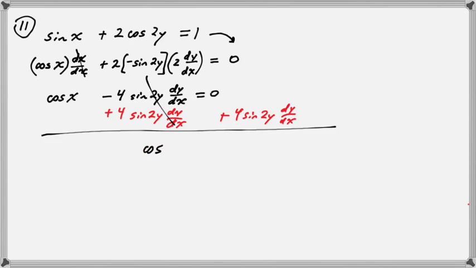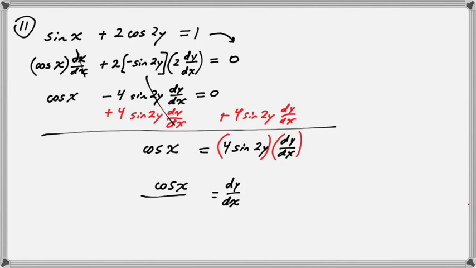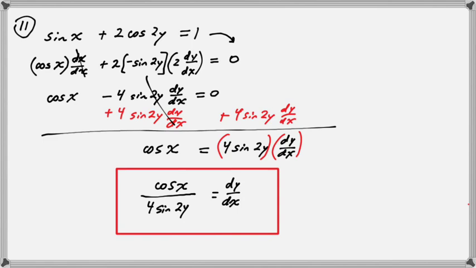It gives me cosine of x equals 4 sine of 2y times dy dx. What's the opposite of multiplying if I want to get dy dx by itself? I would divide. So when I divide, I'd get cosine of x divided by what now? 4 sine of 2y. And that would be dy dx for 11.